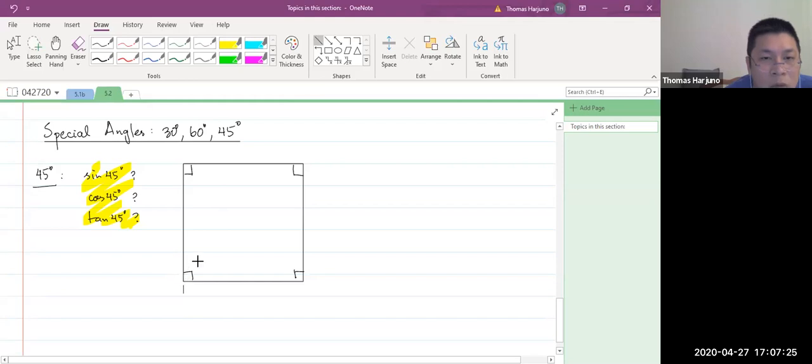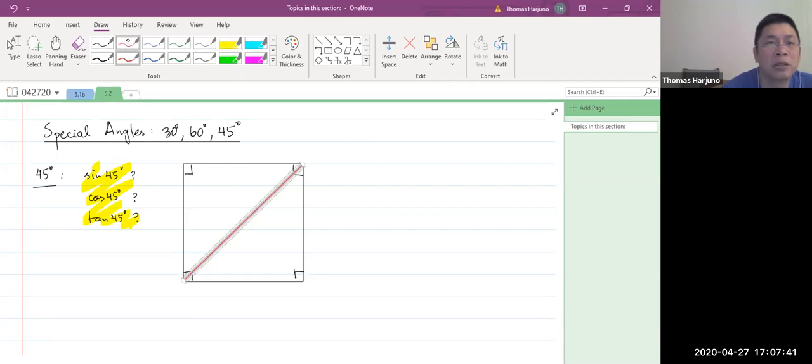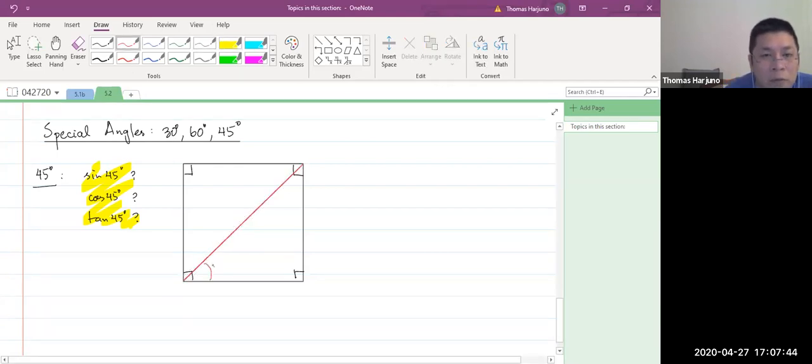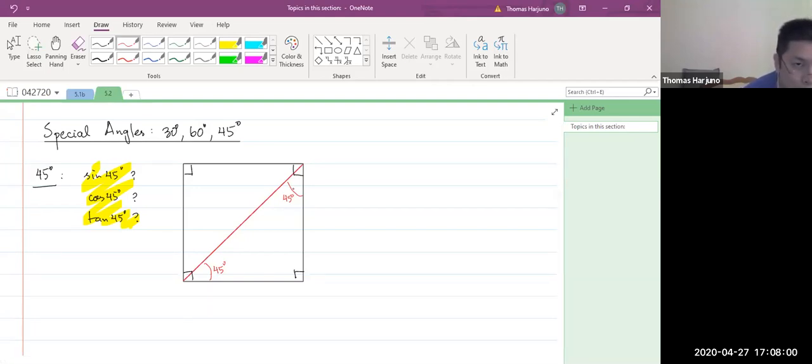Because I bisect that square diagonally, the angle here becomes 45 degrees, right? In fact, it forms an isosceles right triangle. An isosceles right triangle is a triangle which is isosceles, meaning it has two congruent legs, and a right angle.